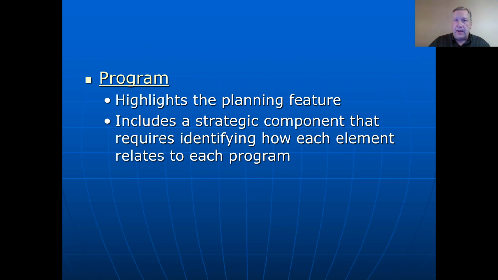In a program-based budget, you don't budget according to unit and department, but rather you budget according to program. So think about a program like protection of persons and property. The police department will contribute to the outcome of protecting persons and property. The fire department will also contribute to the protection of persons and property.